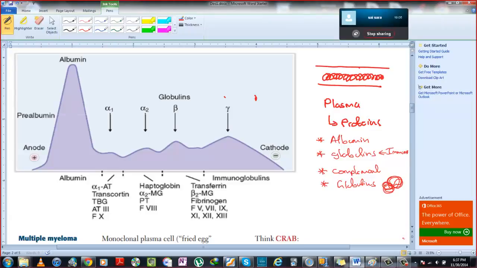So you have all sorts of globulins, which include the immunoglobulins, like you said. You have, for example, the thyroid binding globulin, sex hormone binding globulin. Then you have haptoglobin, right? Make sense?